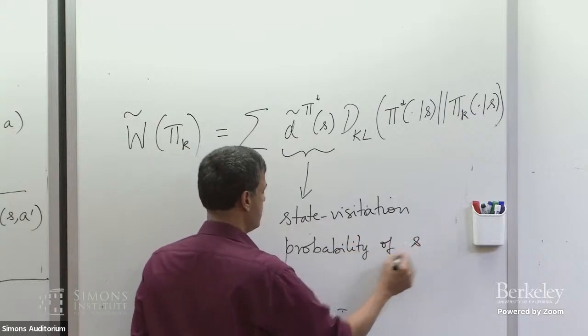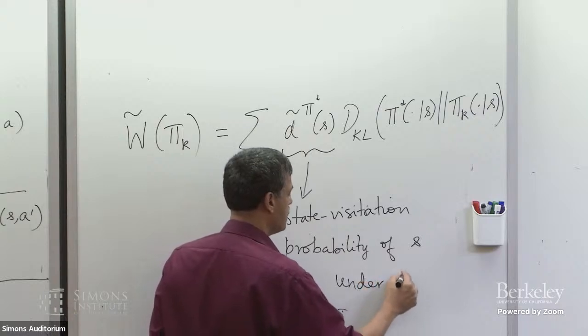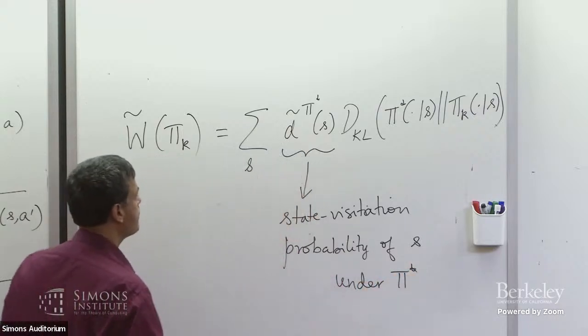Of state S and that policy pi star, the optimal policy. The state visitation probability is a very interesting quantity.